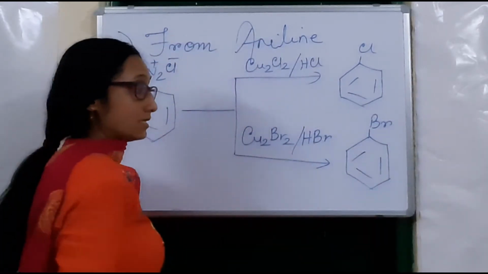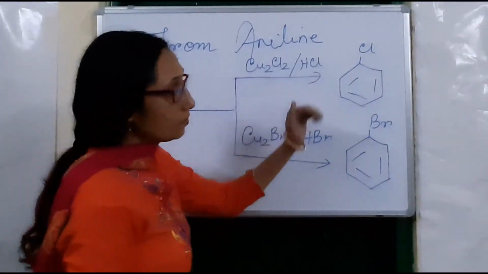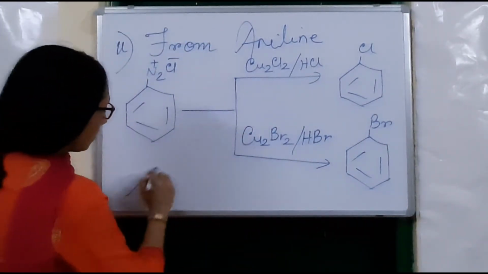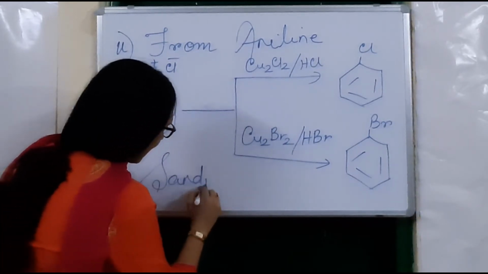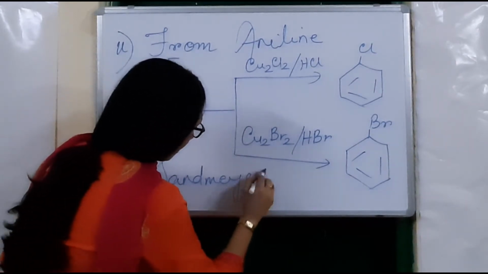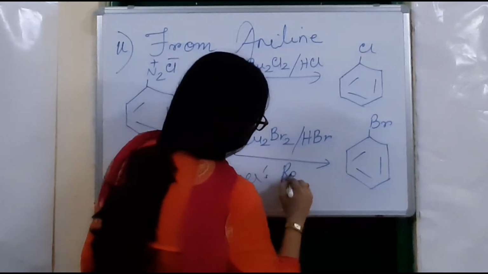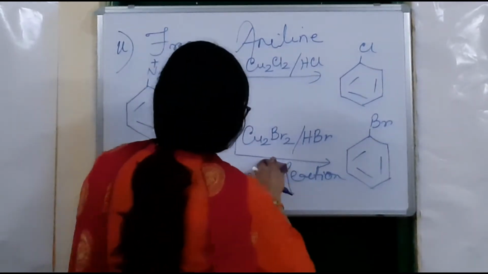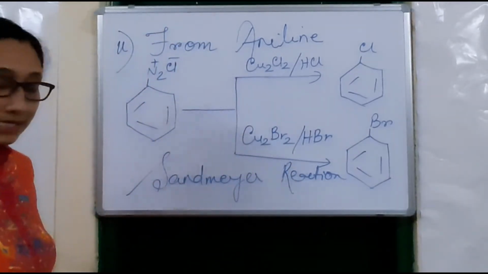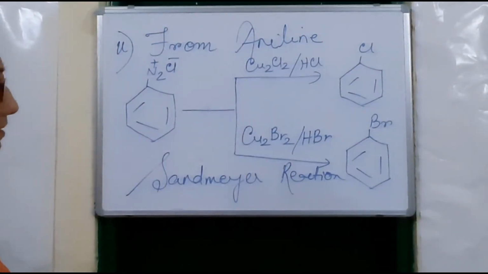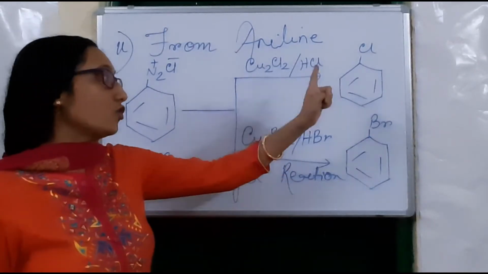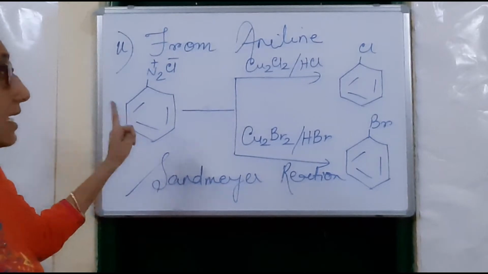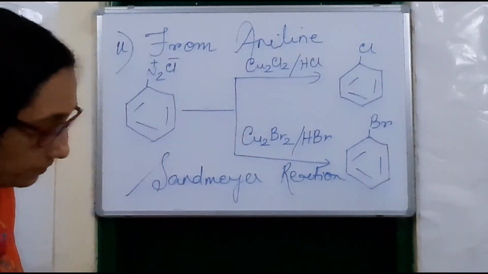Now this method of preparation of chlorobenzene and bromobenzene from benzene diazonium chloride is known as Sandmeyer reaction. So Sandmeyer reaction involves the formation of chlorobenzene and bromobenzene from benzene diazonium chloride.